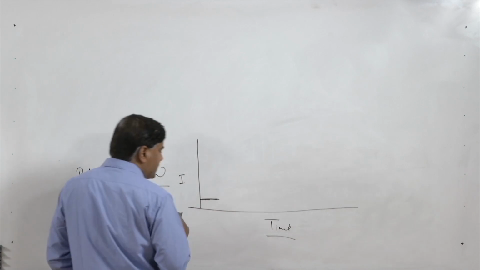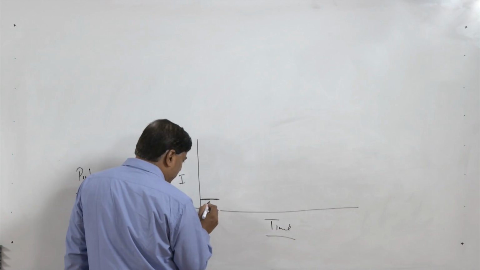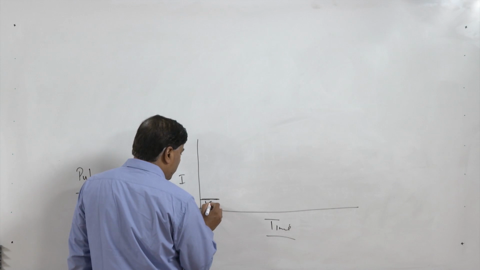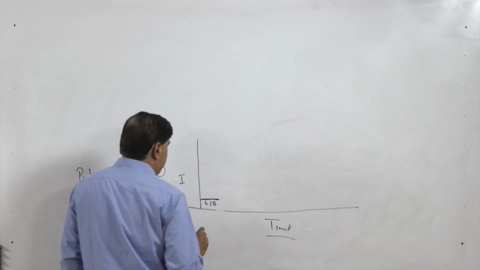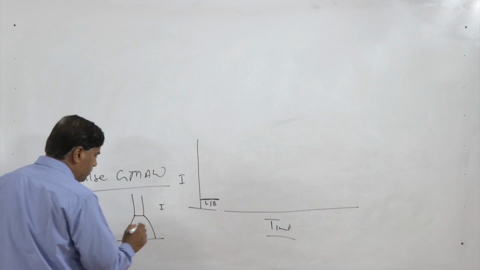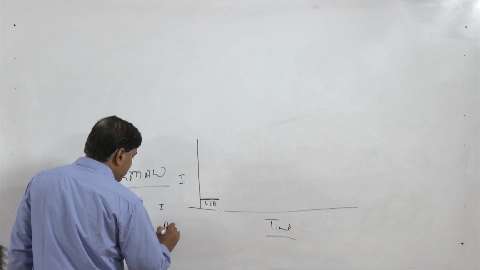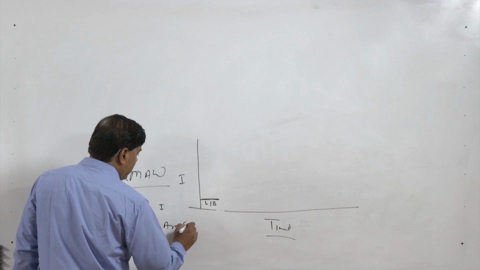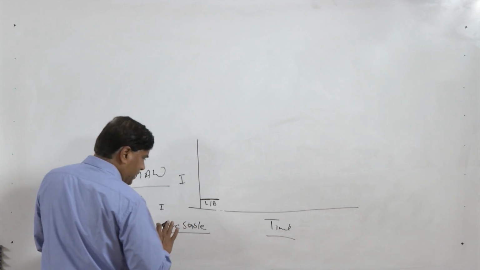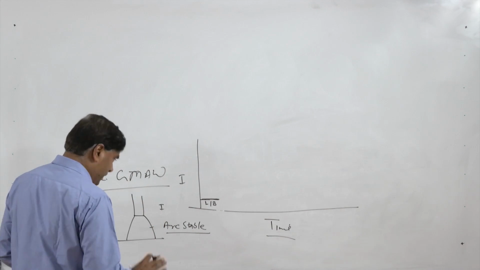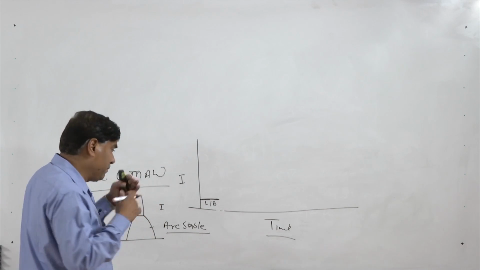So the value of current is regulated. The first is the low level of current, or you can say background current, and the background current will be just enough to maintain the arc stable. That is the only purpose of maintaining the background current. The arc should just be made stable. Its purpose is not to develop the heat.